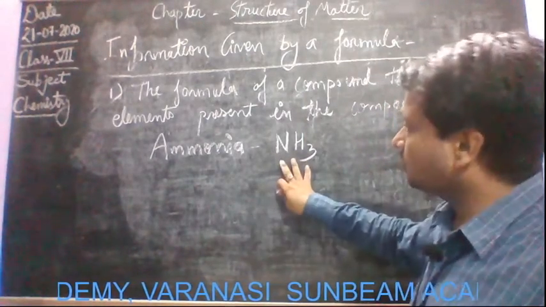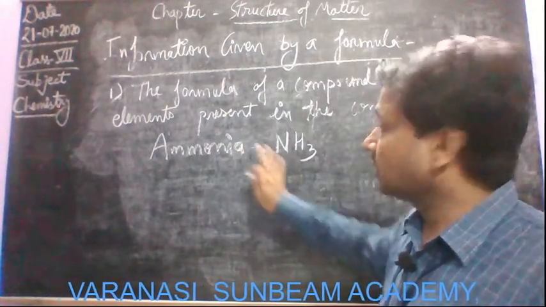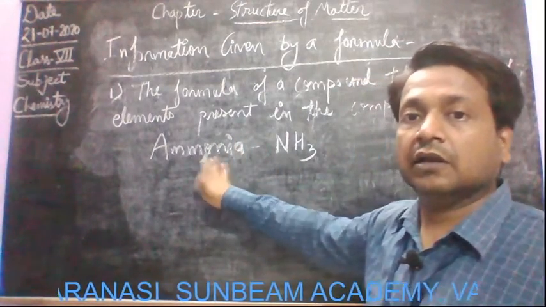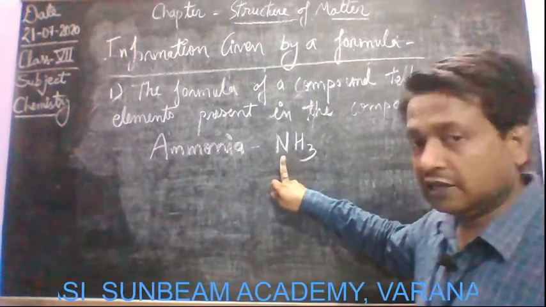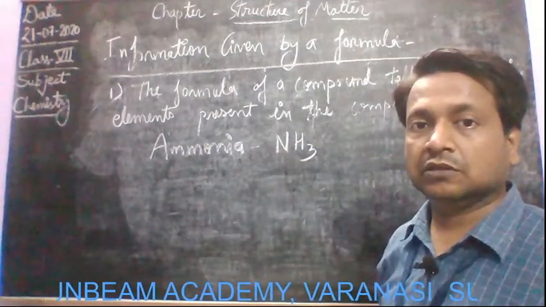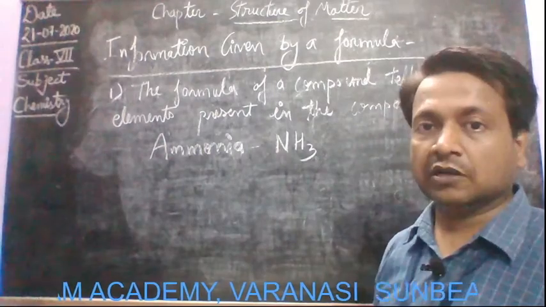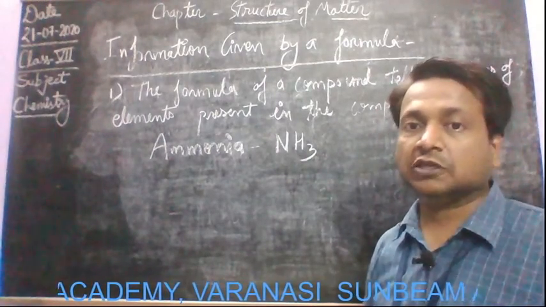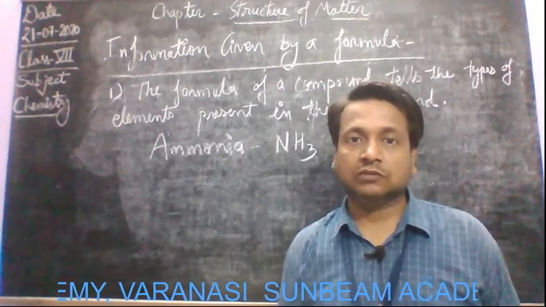So this formula is going to tell us that the compound ammonia is made up from the elements nitrogen and hydrogen. These two elements are present in the compound ammonia. This is the very first information that we will get from the formula of any compound.